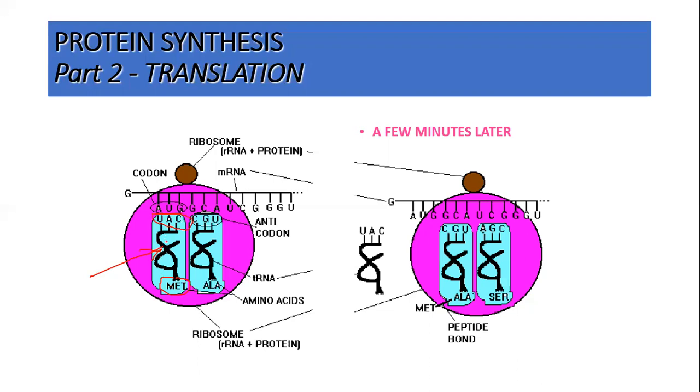UAC transfer RNA will not carry any other amino acid. Now, UAC only matches AUG. It will not link on any other codon on the messenger RNA. A has to go with U, and C has to go with G. These will magnetically attach here and bring with it its methionine. So AUG here is being translated as the amino acid methionine.